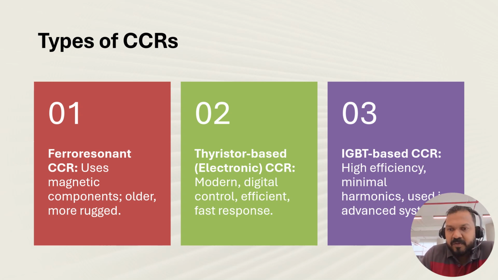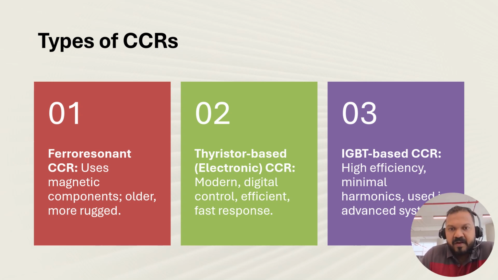It talks about the types of constant current regulators. There are 3 major types: ferro CCR, thyristor based CCR, and IGBT based CCR. Ferro CCR uses magnetic components like core and windings, and the induction principle.